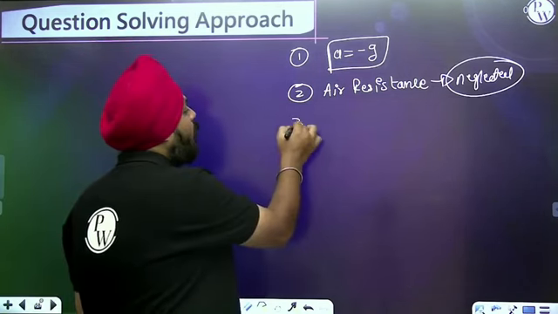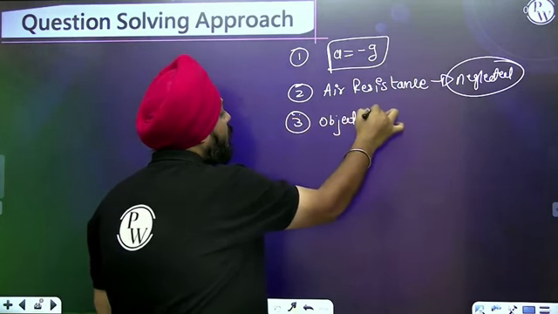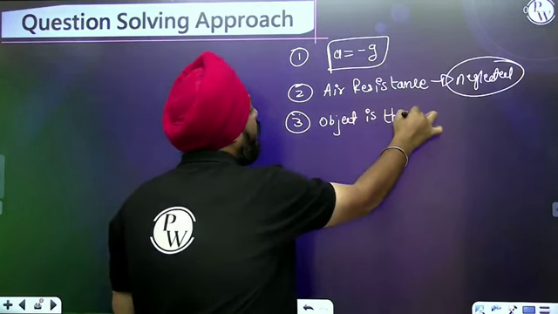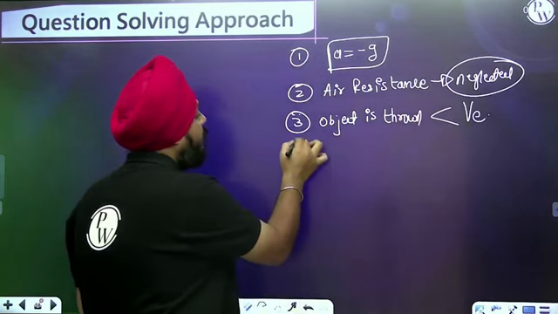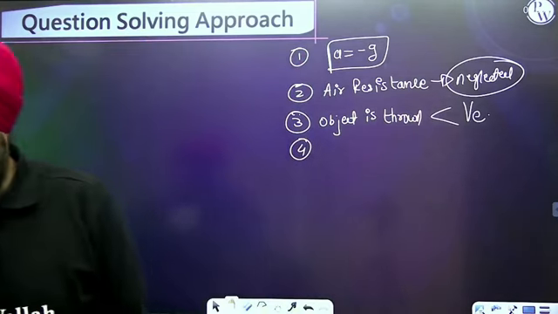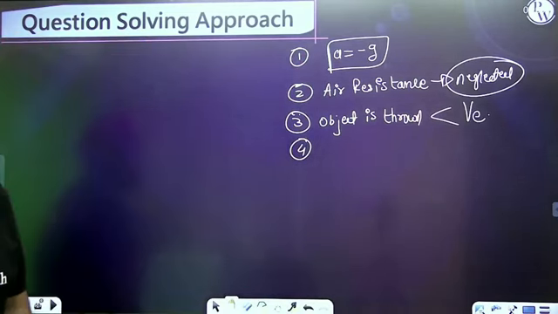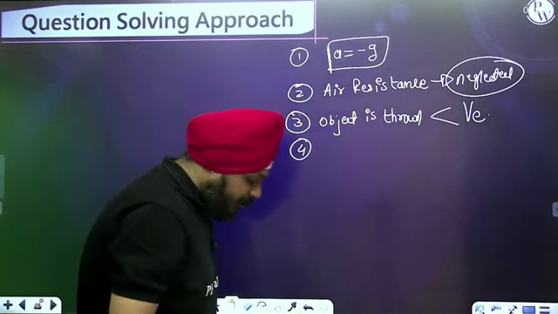The object is always thrown at less than the escape speed of the Earth.